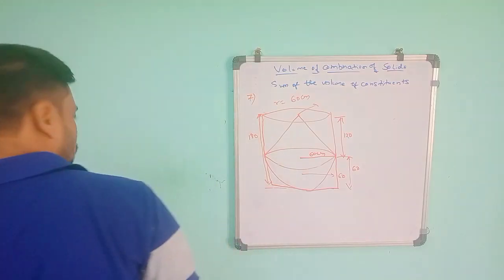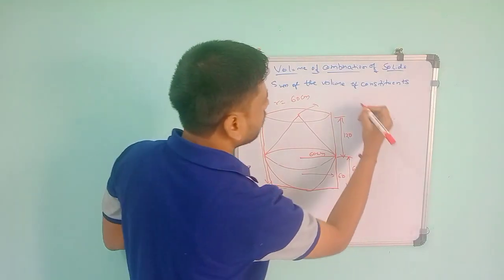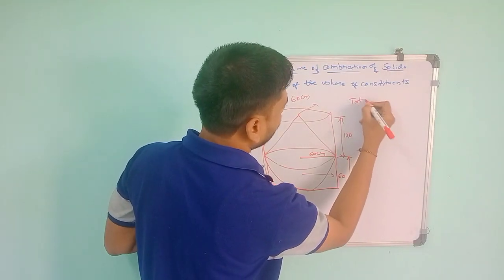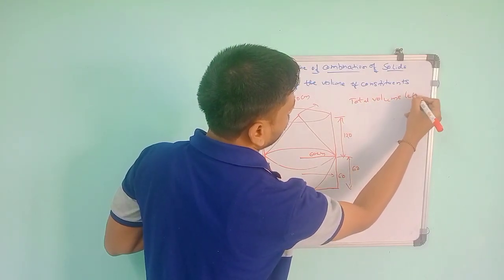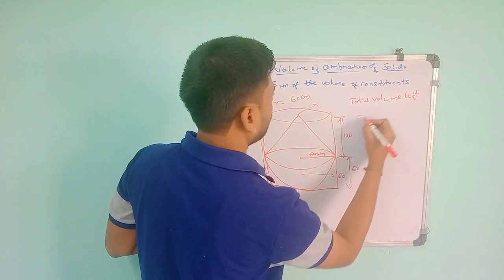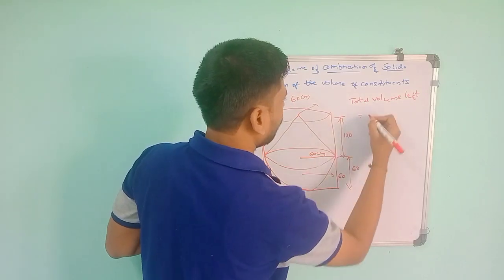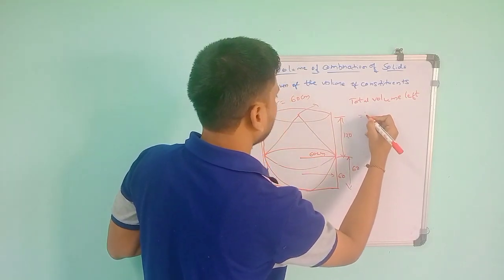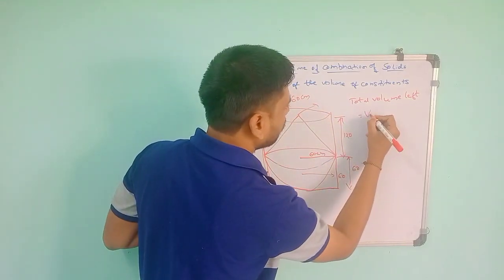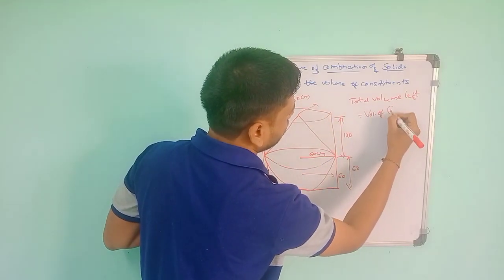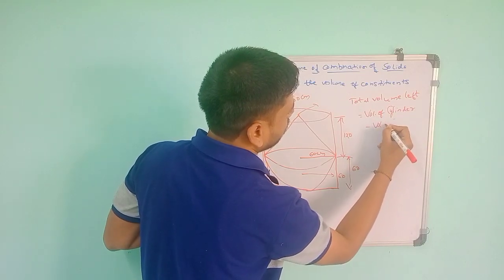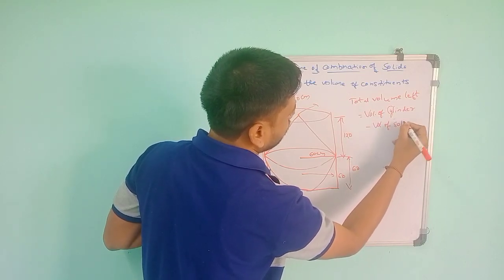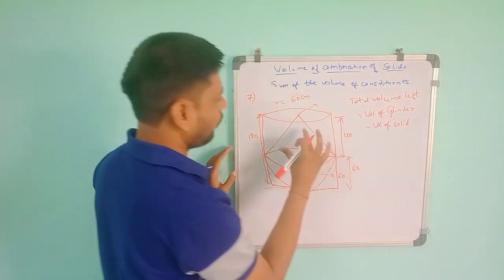So in this, the total volume left is equal to the volume of the cylinder minus the volume of the solid. The solid is nothing but the cone and the hemisphere.